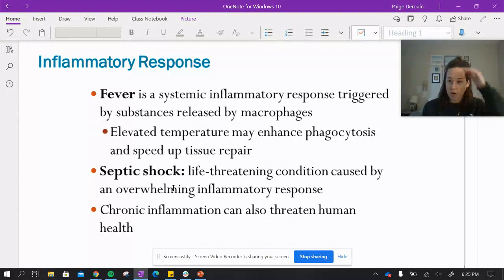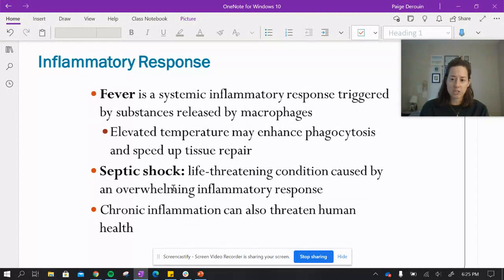This is why people who are transplant recipients are on immune suppressing medications, sometimes for the rest of their lives. And sometimes people who are receiving transplants also will have a chemotherapy treatment before they undergo this transplant, because chemotherapy suppresses the immune system as well.